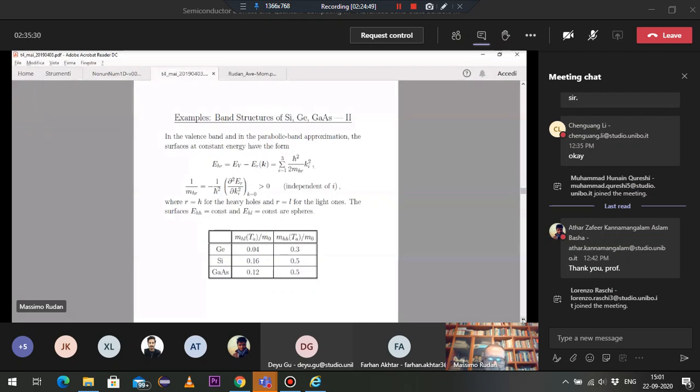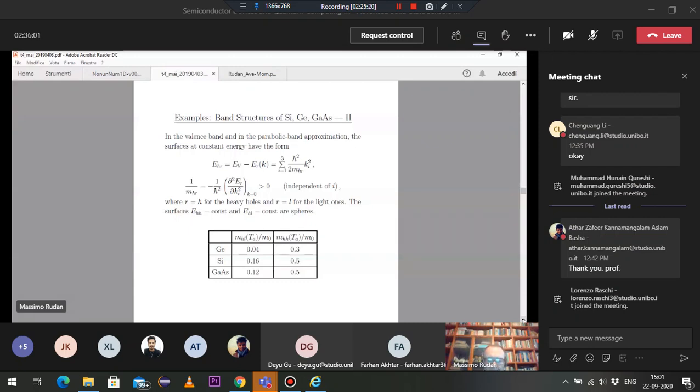So for each branch of the valence band, the second derivatives of the branch with respect to K are equal to each other. That means that the branch is isotropic. The properties are the same in all directions of the K space. Okay.